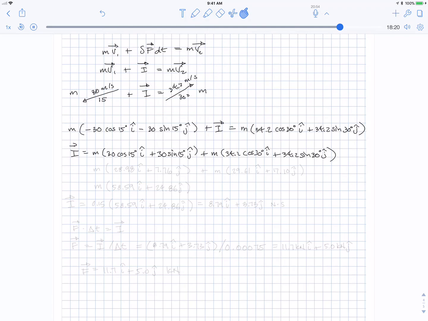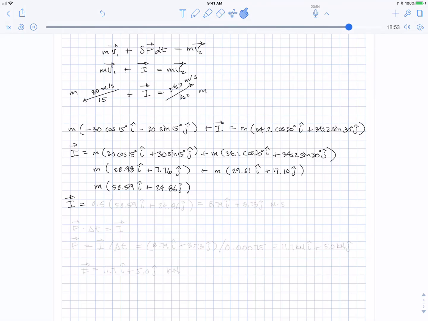So plugging in all the sines and cosines and multiplying it out gives this. Okay, and then I'm going to collect all the i and j terms and come back. And collecting all the i and j terms gives this. And so finally, to get the impulse, I'm going to put in the mass of the ball. I got to go look that up, figure out what the mass of the ball was, and then multiply it through.